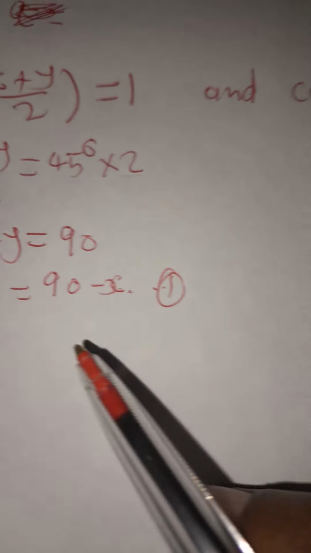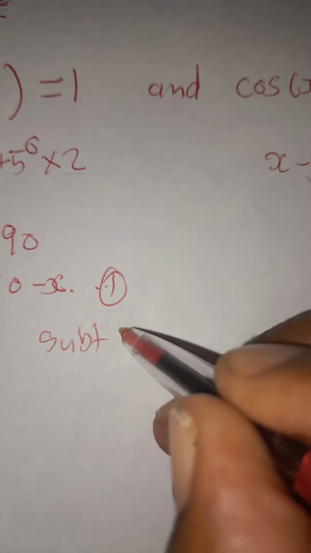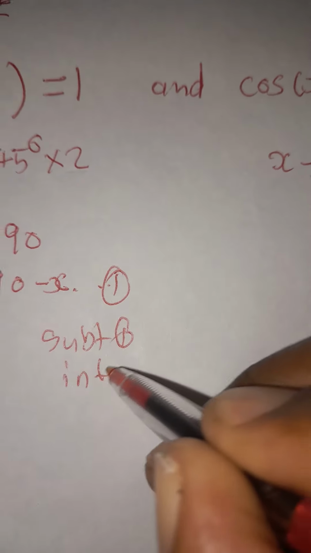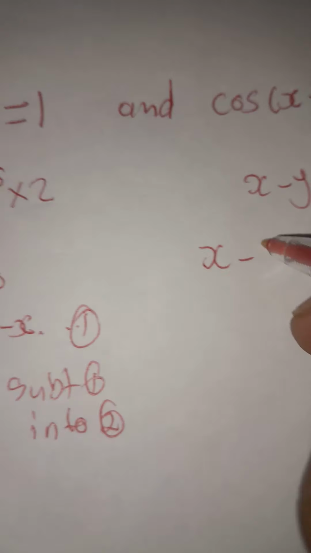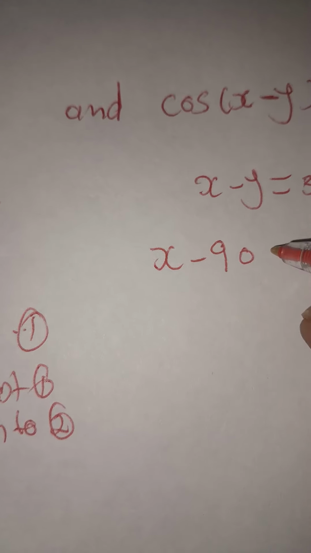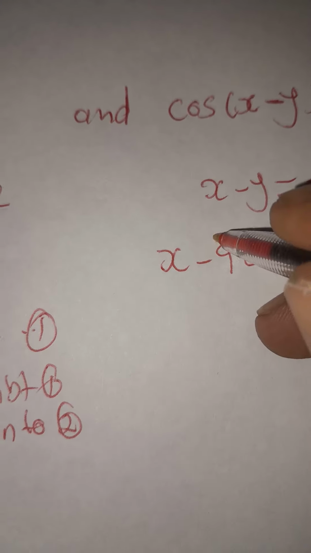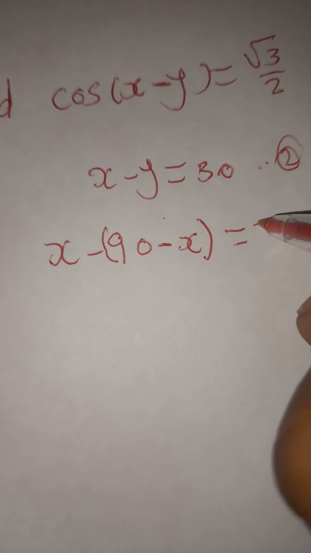Since we know that y is equal to 90 minus x, substitute equation 1 into equation 2. Where we see y, we shall put 90 minus x. So x minus (90 minus x) equated to 30.